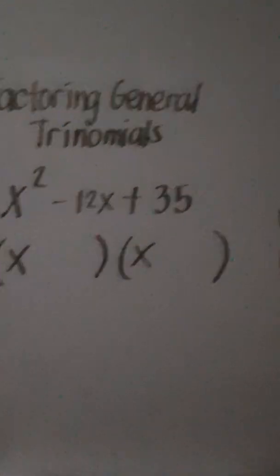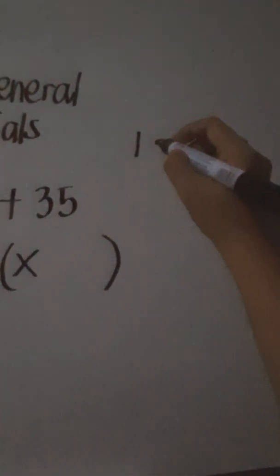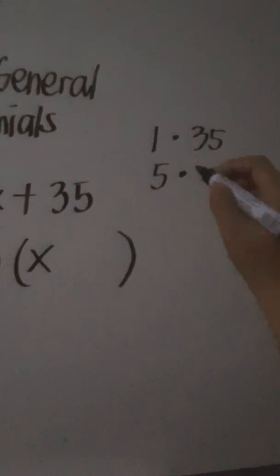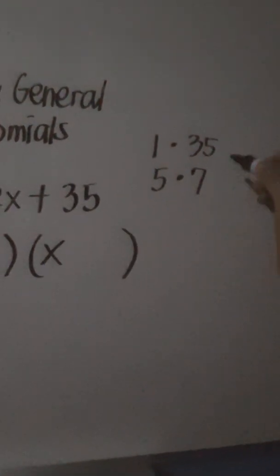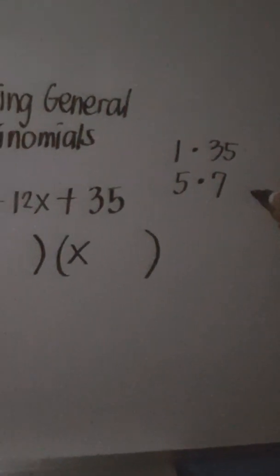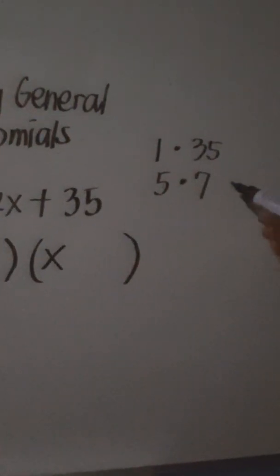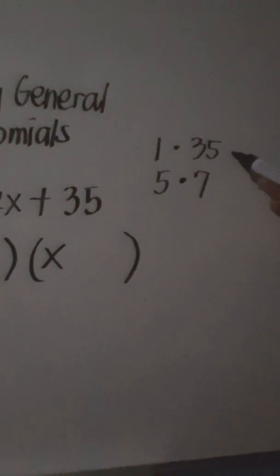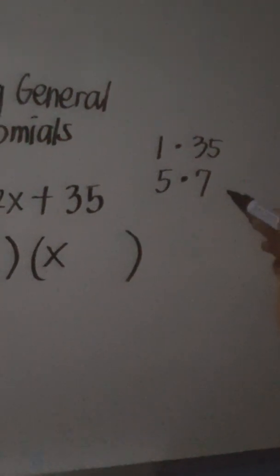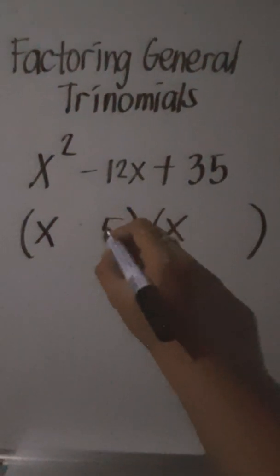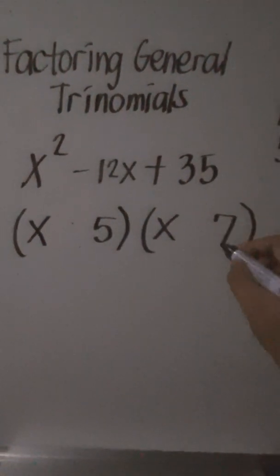Factors of 35, you can have 1 times 35 or 5 times 7. Now, between the two, asa man kaha na makakuha tag 12? Obviously, dili ta pwede mo gamit ni 1 og 35, but we can use 5 and 7. So, the factors that we will use will be 5 and 7.